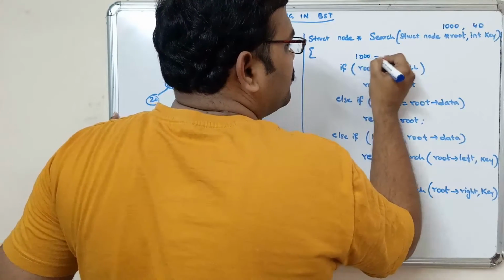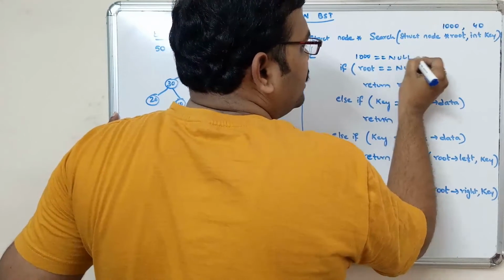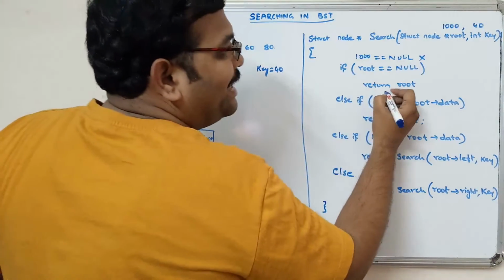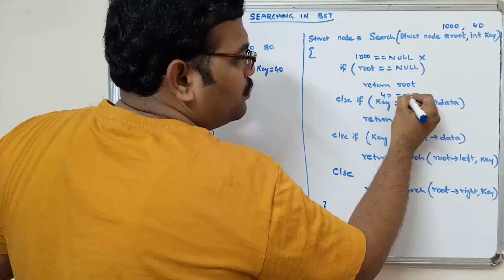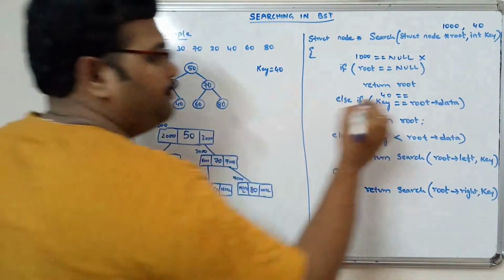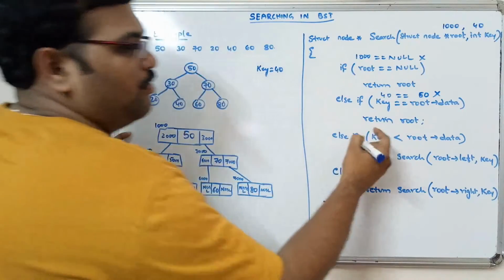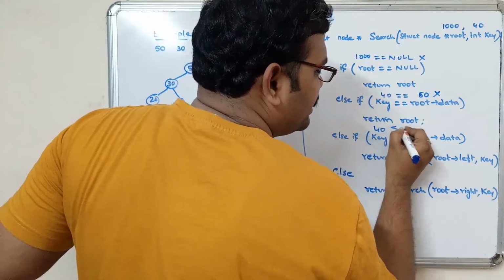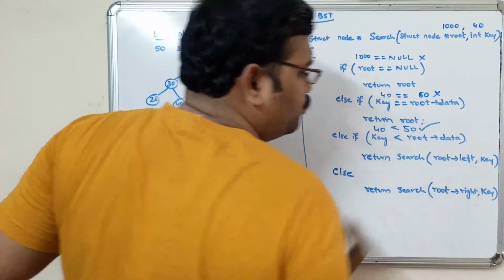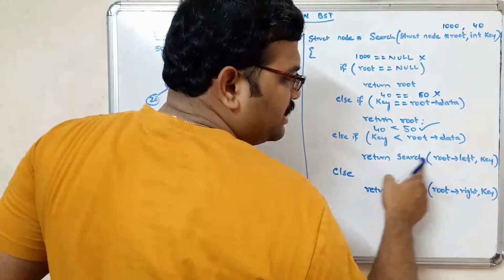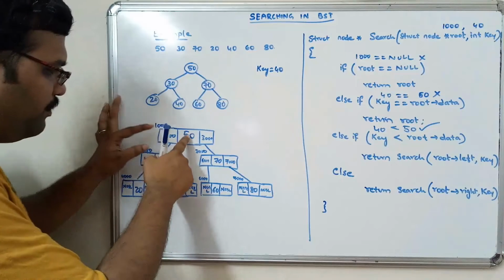That is false. 1000 is equal to null is false. So else if key, so 40 is equal to root of data, so 50. It is also false. Now 40 is less than 50, true. 40 is less than 50, true. Now search root of left. What is the root of left?